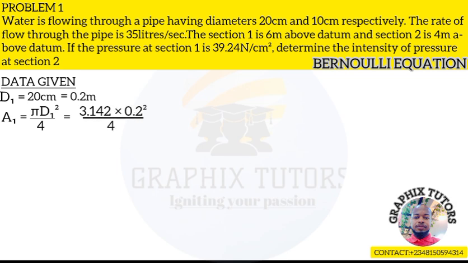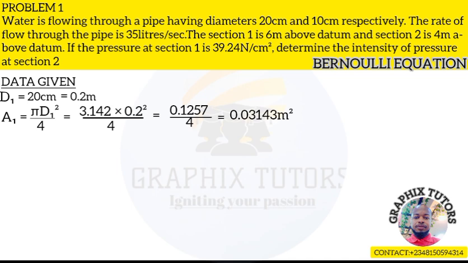When you do your calculation, 3.142 times 0.2 square will give us 0.1257, divided by 4. And this will give us 0.03143 meter square. So that is the area for section 1.